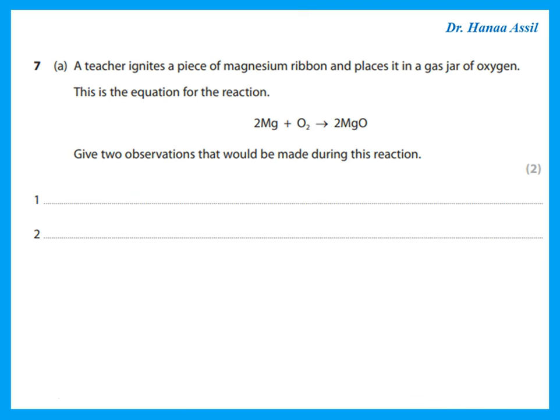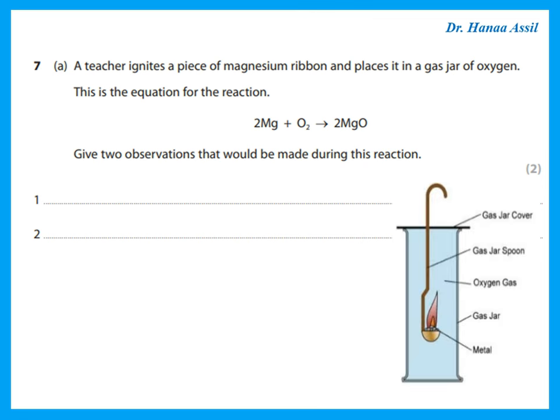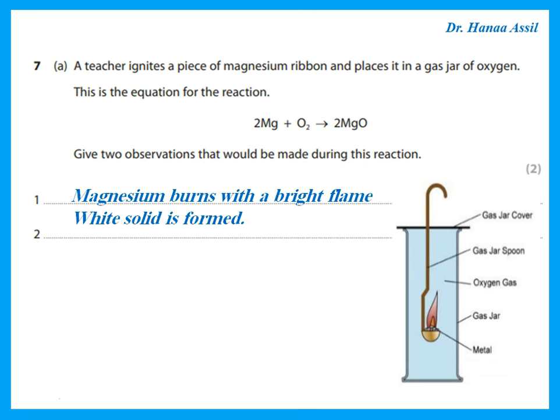A teacher ignites a piece of magnesium ribbon and places it in a gas jar of oxygen. This is the equation. Now give two observations that would be made. What is he doing? He's burning magnesium in air. You should realize that magnesium burns with a bright flame.